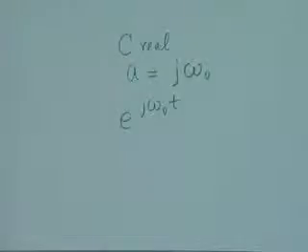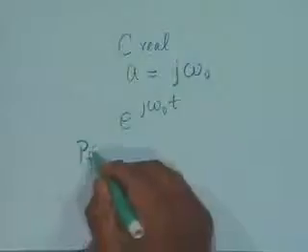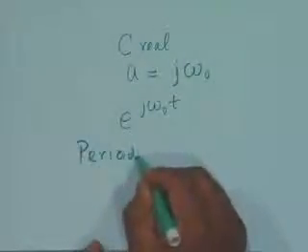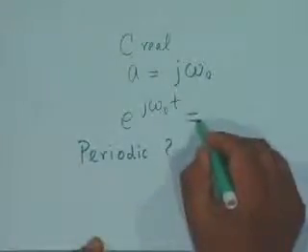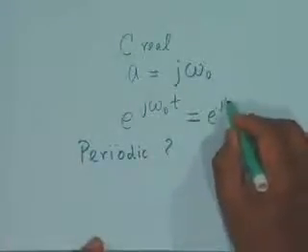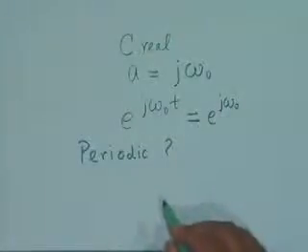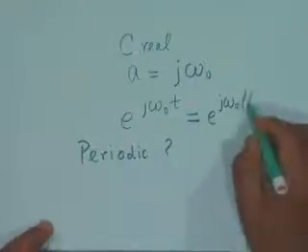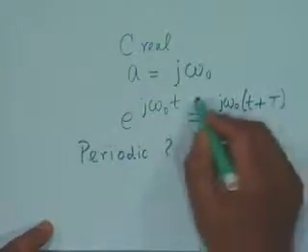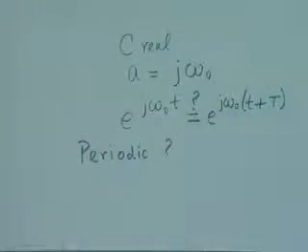It should be obvious that this signal is periodic. To test whether this signal is periodic or not, we equate this to e to the power j omega 0, incrementing small t by some constant, let's say capital T. Can this relation be satisfied?